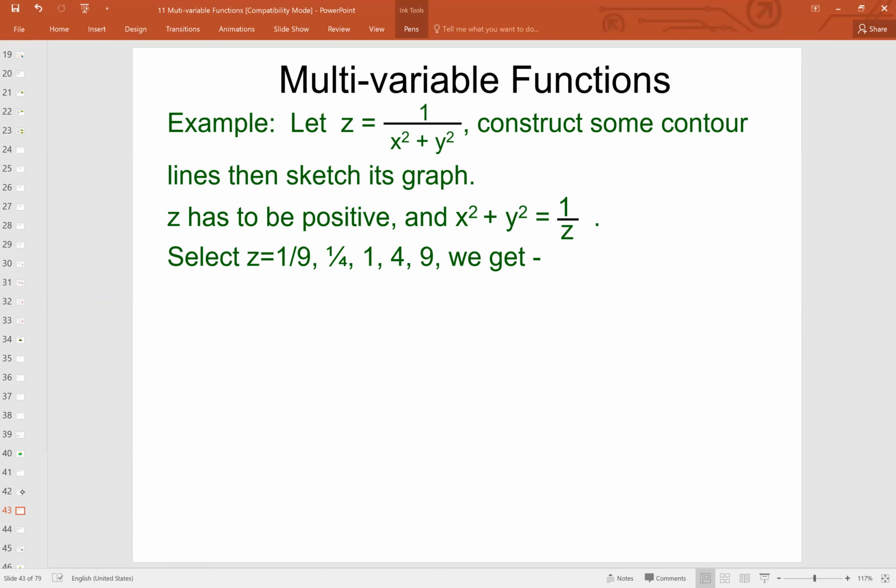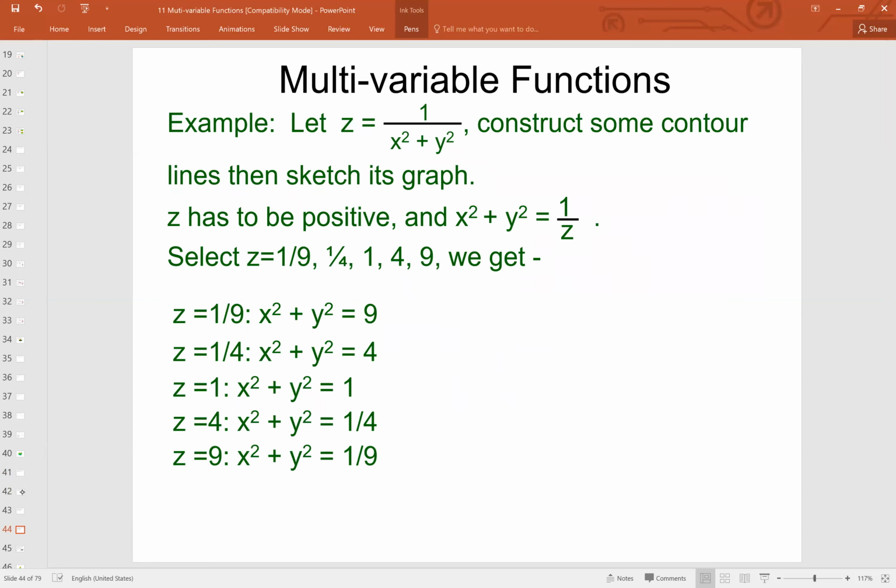And if I flip this over, then depending on what z is, I get a circle. When z is 1/9, I will get different circles of different radius. And the point is, the higher the z, the smaller the circle.